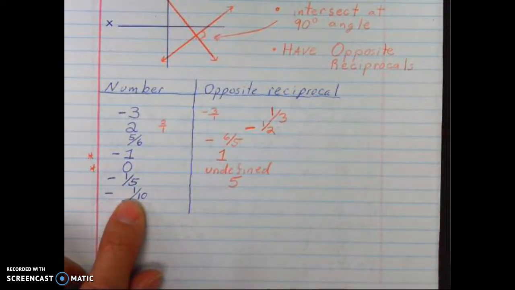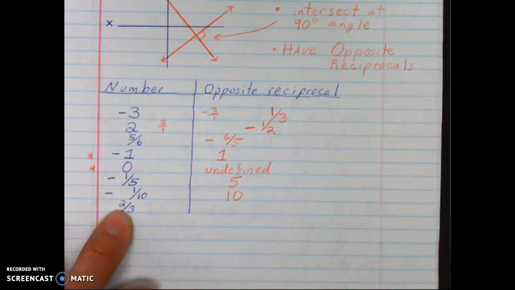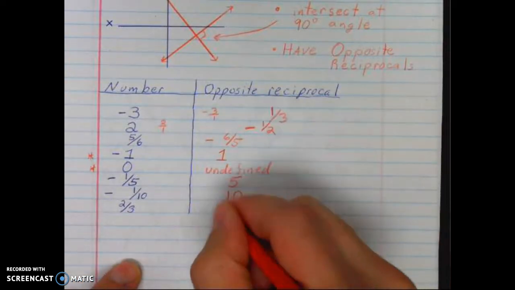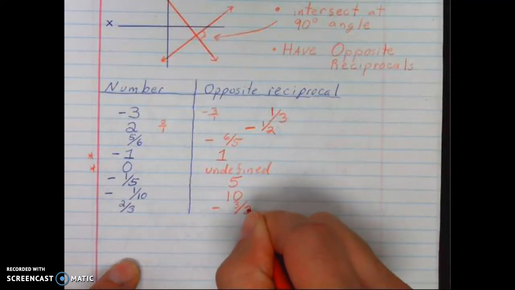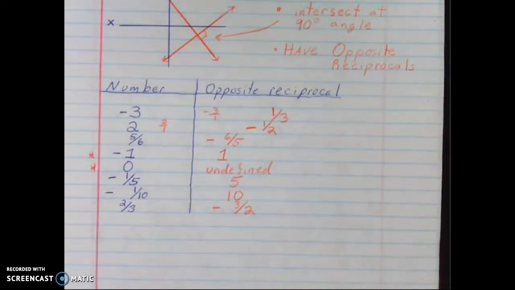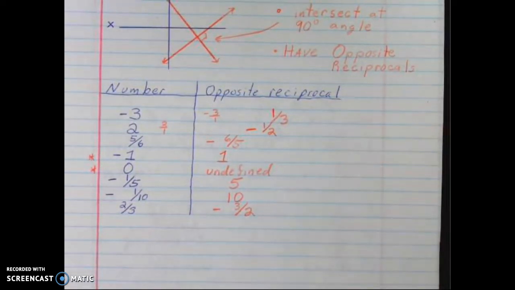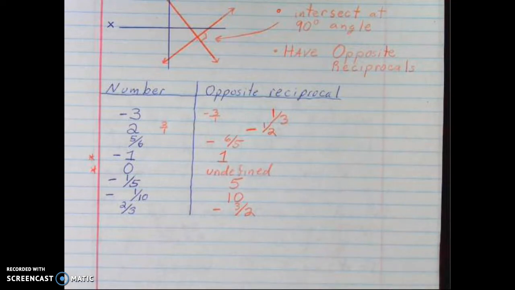This -1/10, we can make it positive, and it's just going to be positive 10. And then we go back to our fractions. If they give us a positive 2/3, we make it the opposite, which is negative, and put the 3/2. So hopefully you now know what an opposite reciprocal is, because you are going to need that in these examples. And if you haven't stayed caught up with me, make sure you have this copied down. You can pause the video right now.